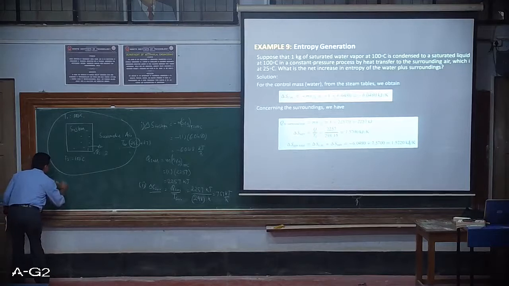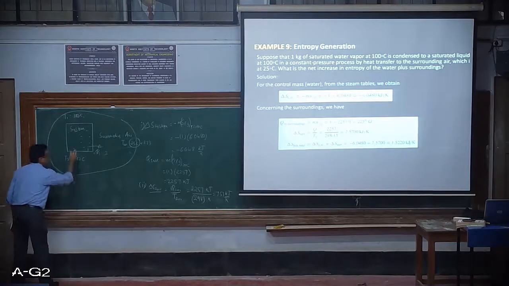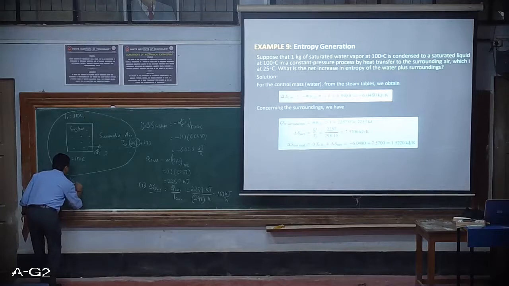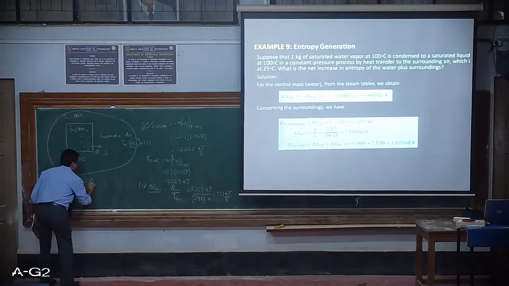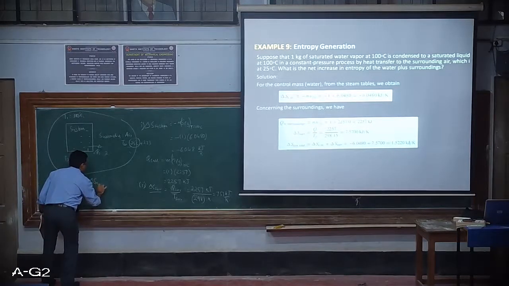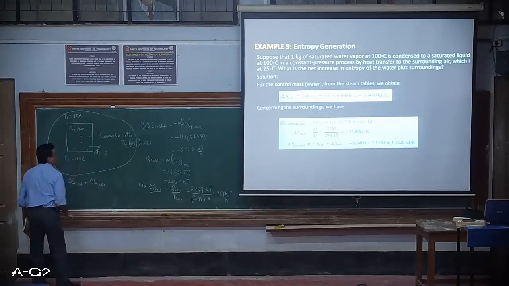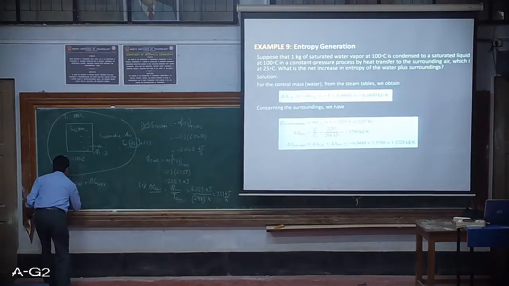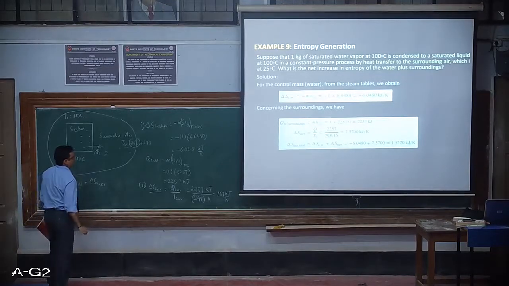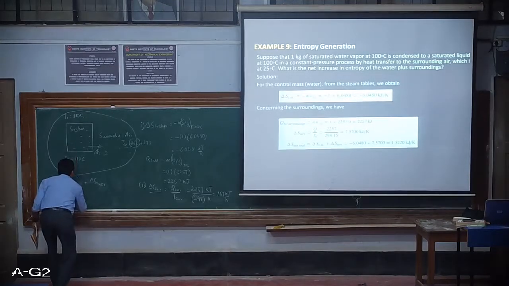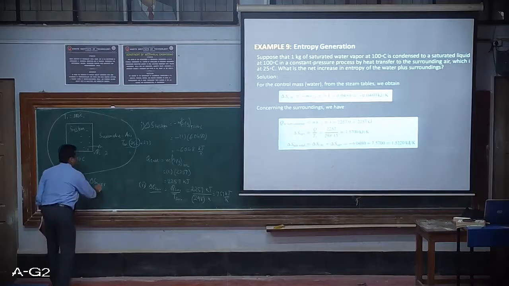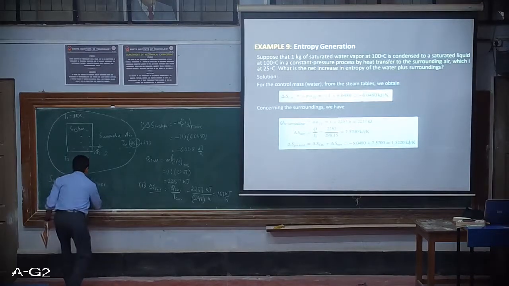So this S gen is equal to the sum of these two, delta S of the system plus delta S of the surroundings. So delta S of the system is minus 6.048 plus delta S of the surroundings, which is plus 7.57.